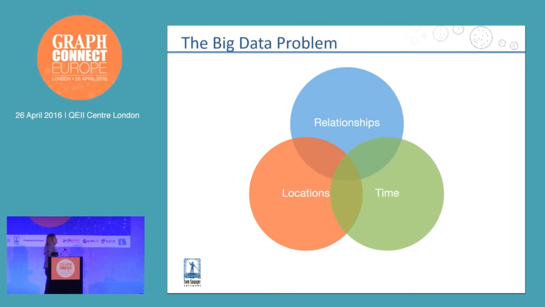So the companies have complex big data, and the data has relationships in it. The data may have location information, and the data also evolves in time. So we have a complex situation here, and compounding this complexity is that organizations store their data in multiple data silos.